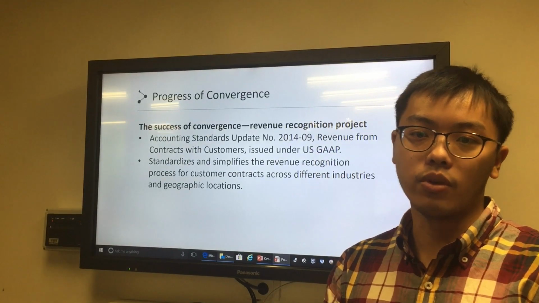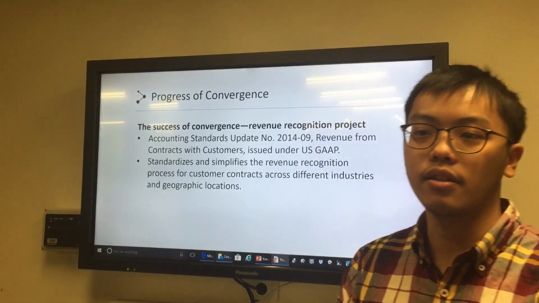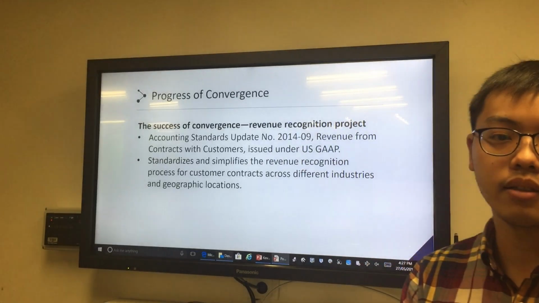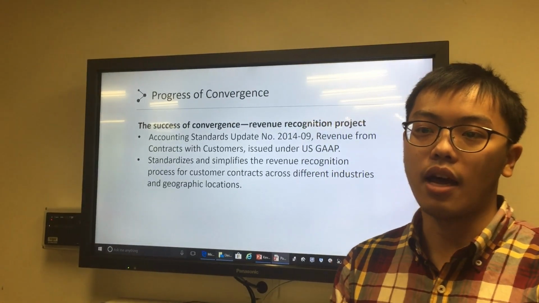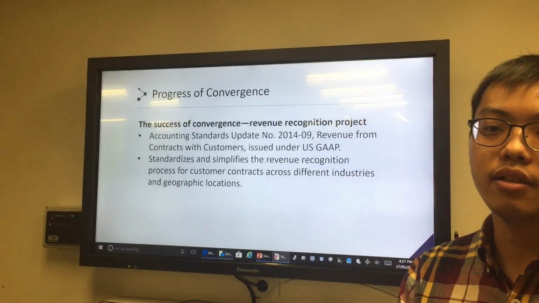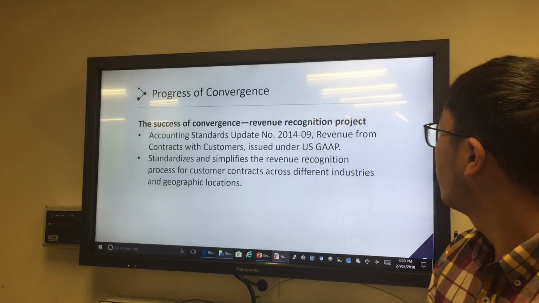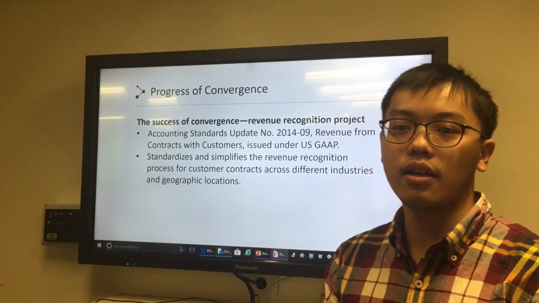The revenue recognition project has been the greatest success to date. A major global standard was issued under US GAAP in Accounting Standards Update number 2014-09, Revenue from Contracts with Customers.